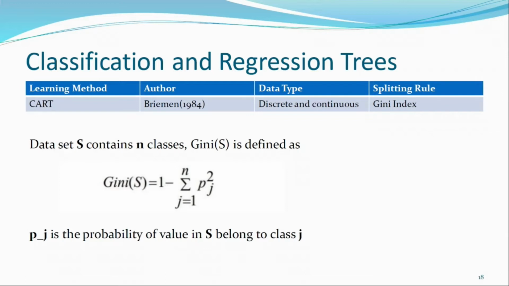So, in the dataset S containing n classes, the Gini impurity of S is defined as 1 minus the summation of j equal to 1 to n of pj square. So, what is pj? pj is the probability of picking a data point within the class j.